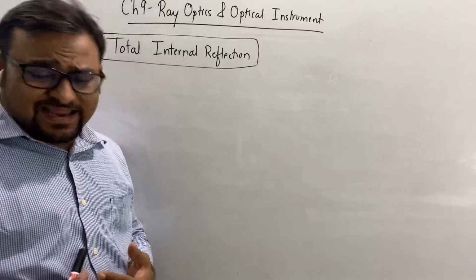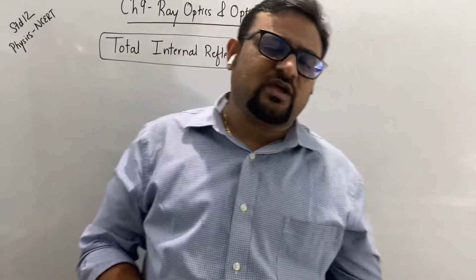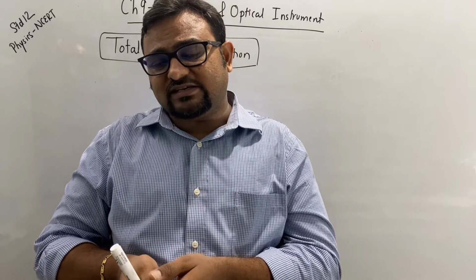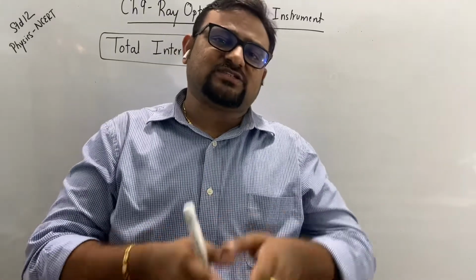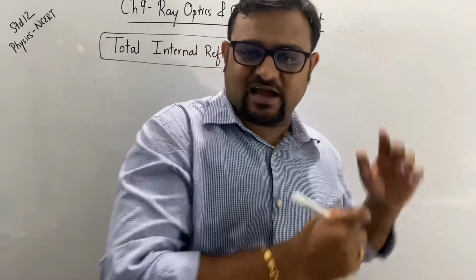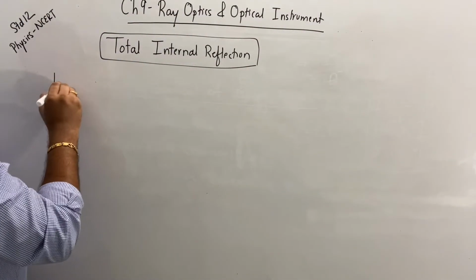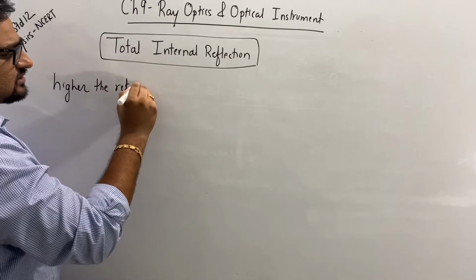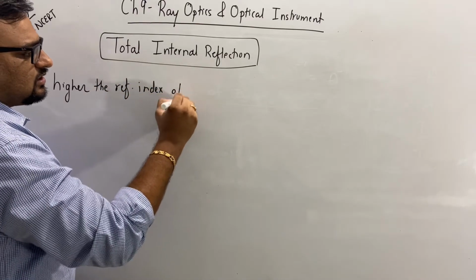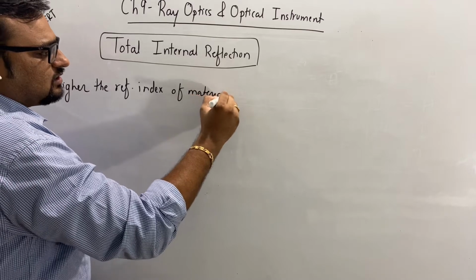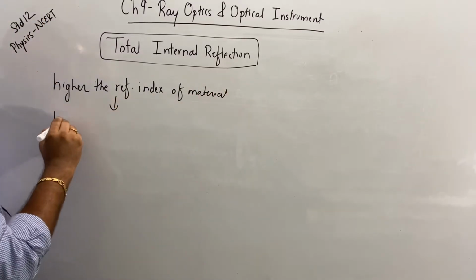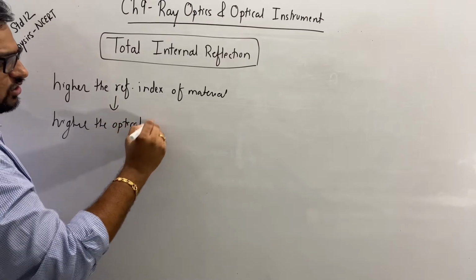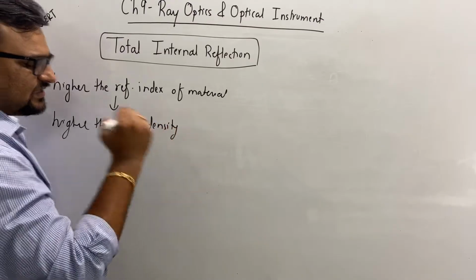If you take any medium, if its refractive index is higher, that means its optical density is higher. Higher the refractive index of the material, higher the optical density.